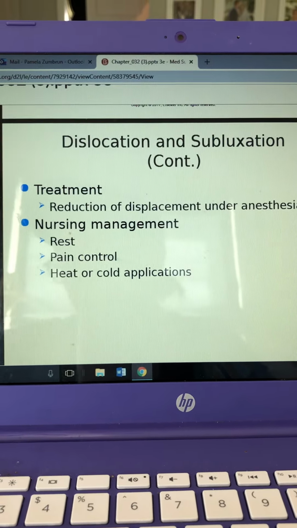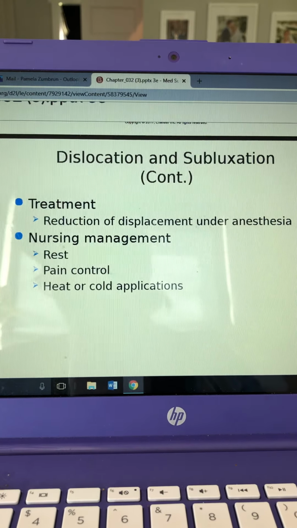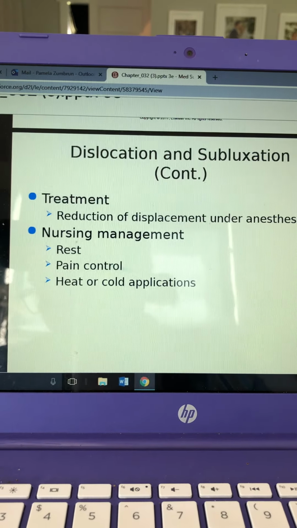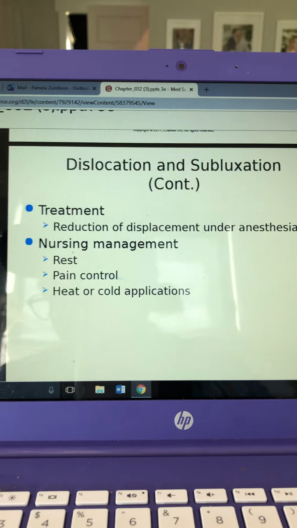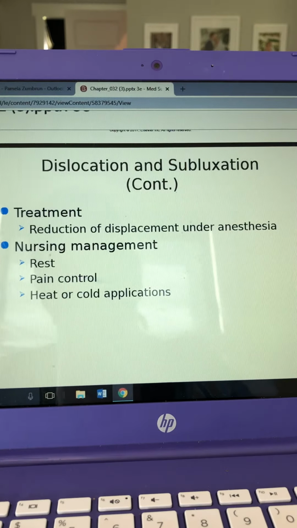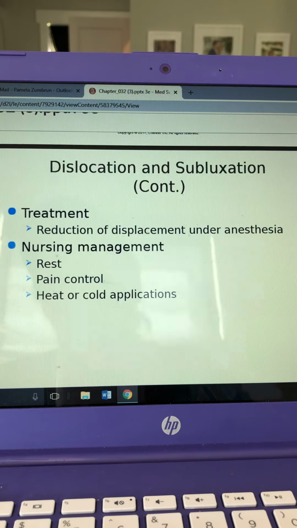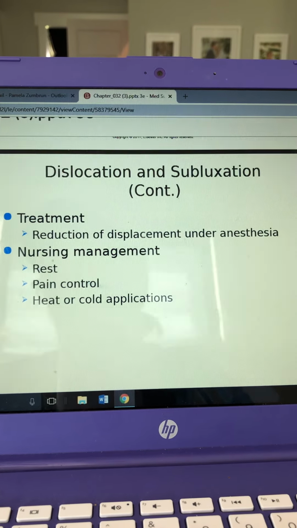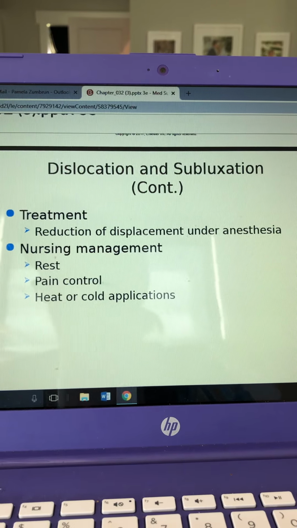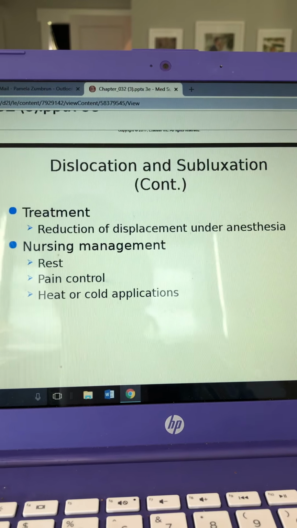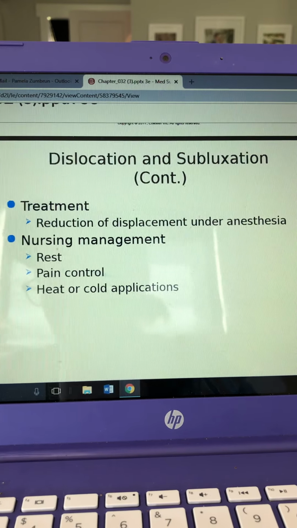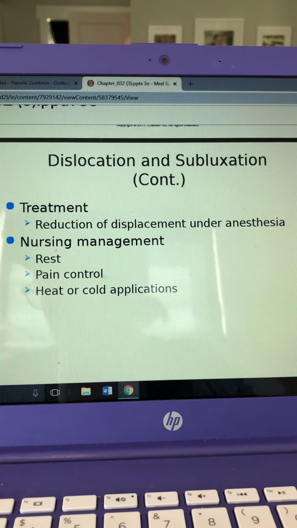A manual reduction or replacement of the joint in place could be used, and I know you see that in movies a lot, like a war movie, where they grab someone's arm and snap it back into place. But typically that's going to be done under anesthesia.